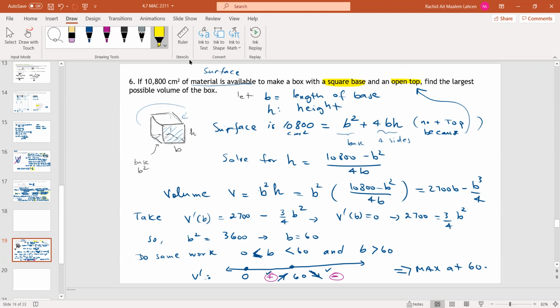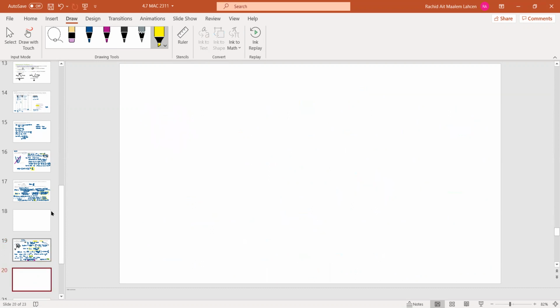Let's show when we started, and we have H. So now that we know B is 60, and we need H, we can go back to that formula for H. So H is 10,800 minus 60 squared over 4 times 60, and that equals 30.